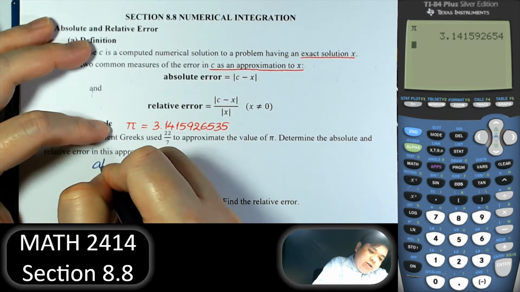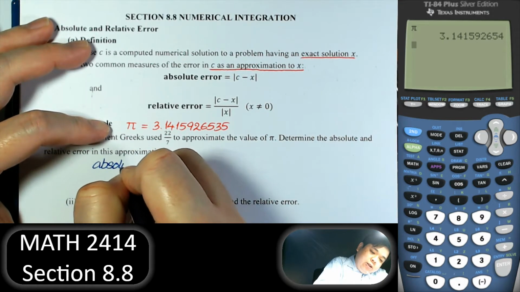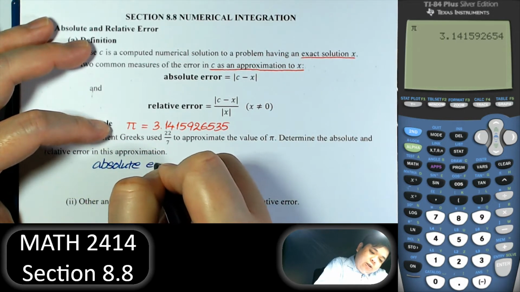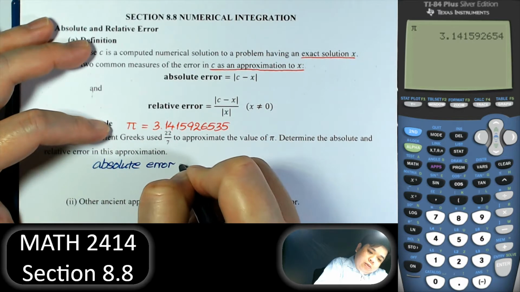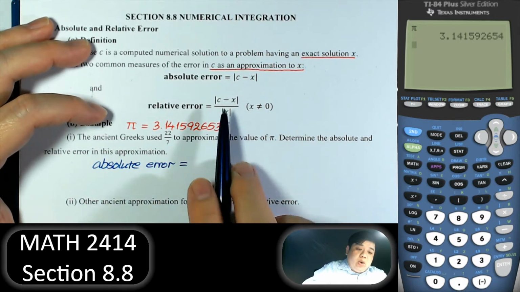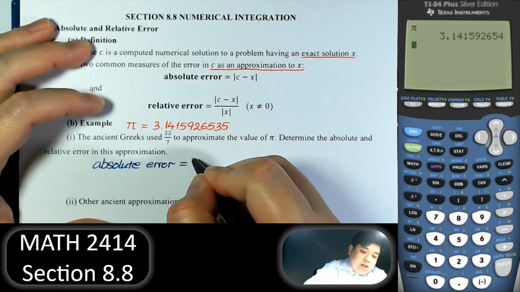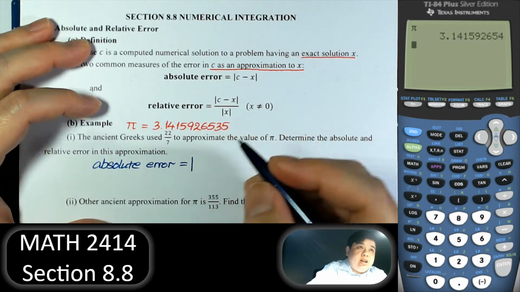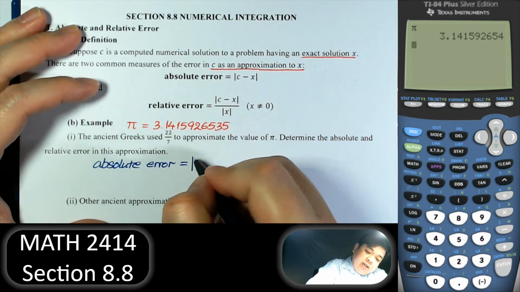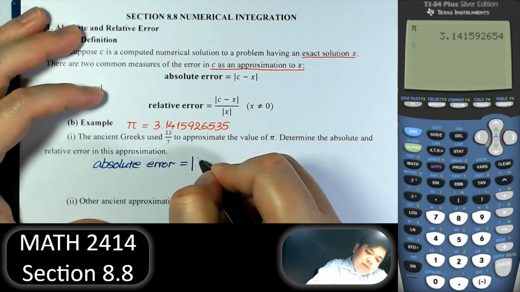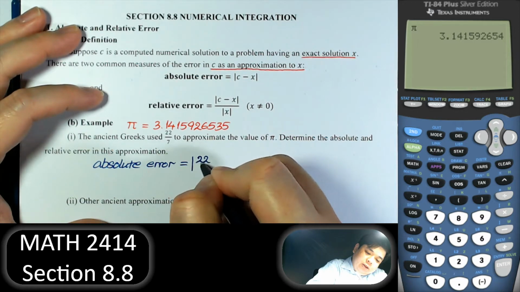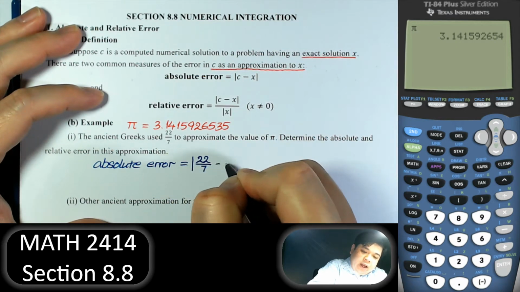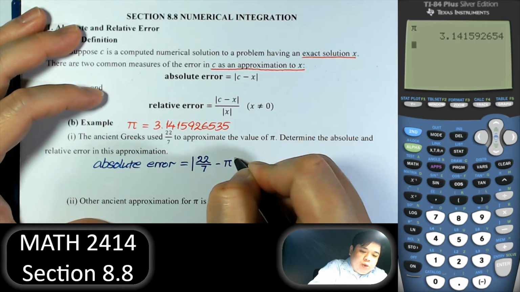So absolute error. It doesn't matter which one minus which. Just take the approximation, and if we use a calculator, just put pi.